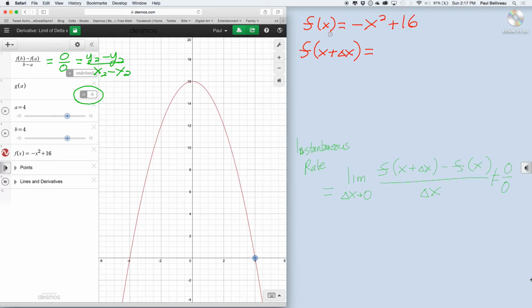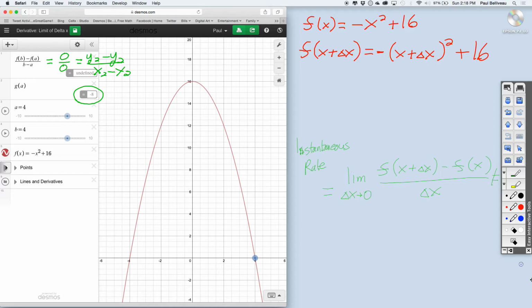If you know what f of x is and you're asked for f of anything else, for example, if this asked for f of 5, you would put 5 in for x. If this asked for f of q, you would put q in for x. But it's asking for f of x plus delta x. So I'm going to carefully put x plus delta x in everywhere I see an x. Okay.